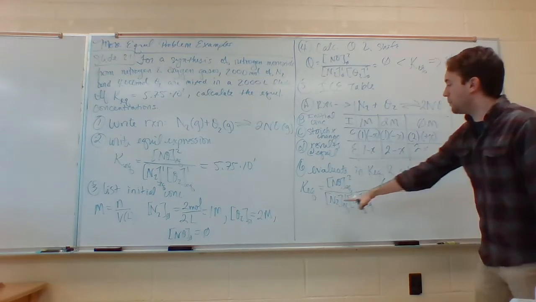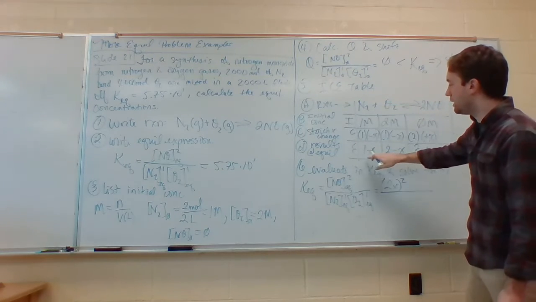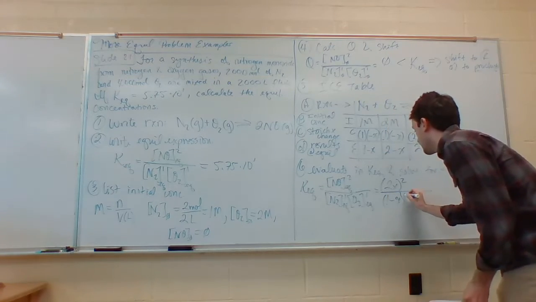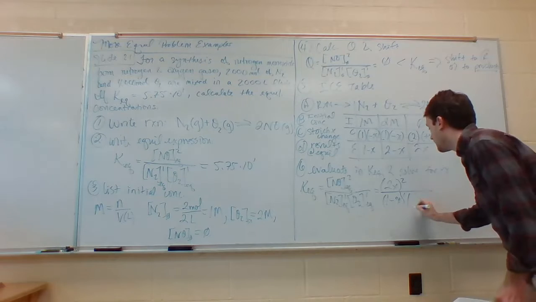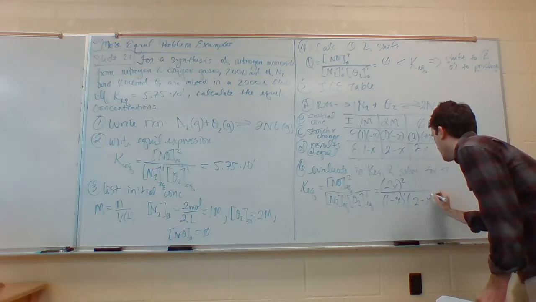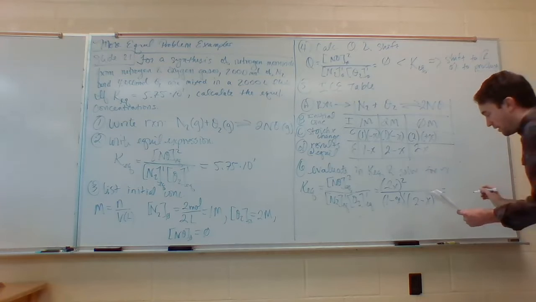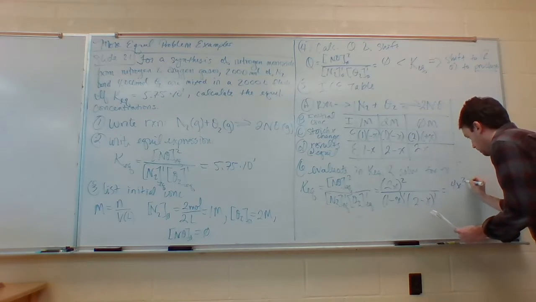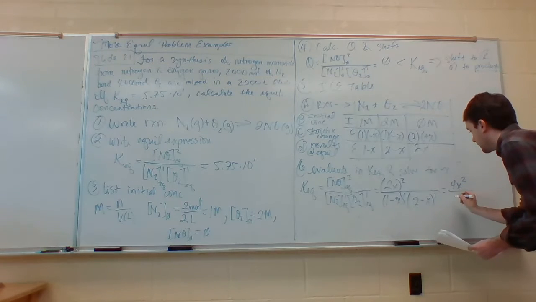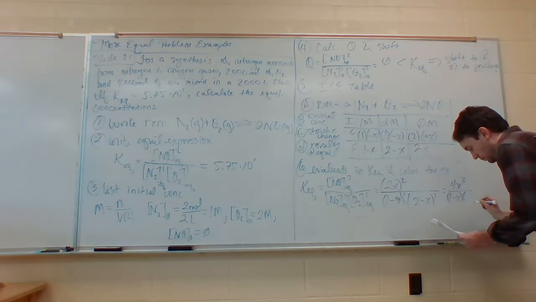Then I divide that by my concentration of N2 at equilibrium, so I've got N2 in my equilibrium row, that's 1 minus x, and I raise that to its stoichiometric coefficient of 1. Then I need my concentration of O2 at equilibrium, which is 2 minus x, raised to its stoichiometric coefficient of 1, all right? Which means that I have 4x squared, right, 2x total squared is 4x squared, all over 1 minus x times 2 minus x.